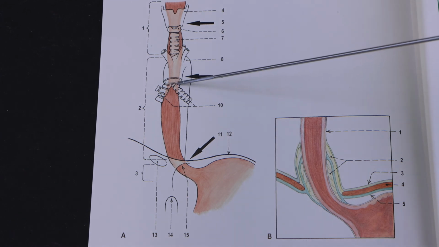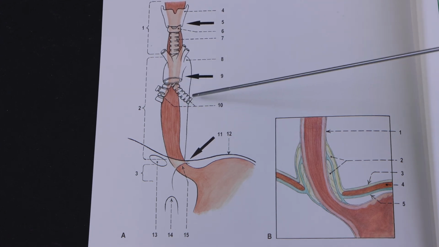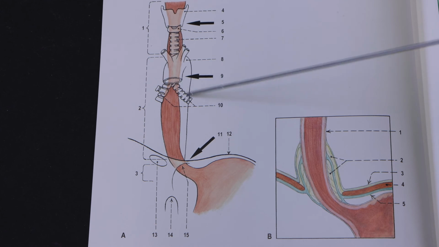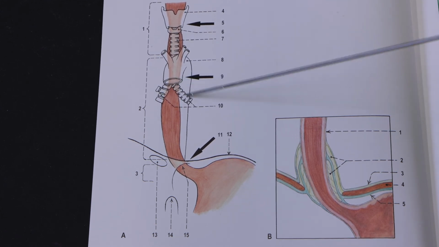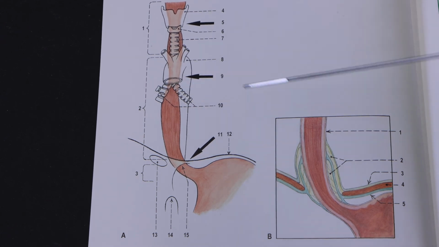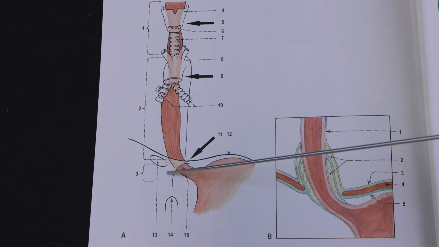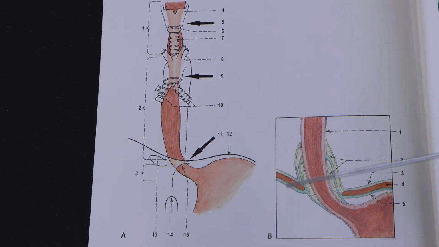The other one is more constant. It's when the esophagus is crossed by the left main bronchus, which passes in front of the esophagus. And finally, the last one is when the esophagus passes through the esophageal hiatus of the diaphragm.